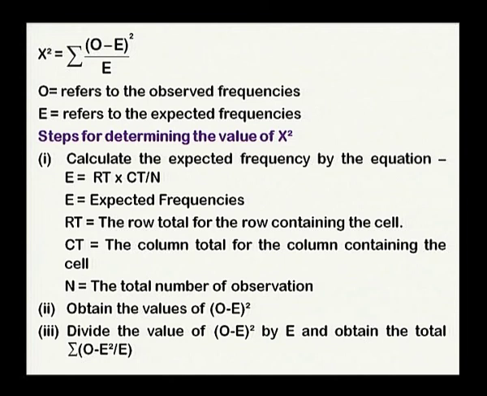First, we calculate the expected frequency by the equation E equals RT multiplied by CT divided by N, where E stands for expected frequencies, RT stands for the row total for the row containing the cell, CT stands for the column total for the column containing the cell, and N stands for the total number of observations. The second step is to obtain the values of O minus E and square them. The third step is to divide the value of O minus E squared by E and obtain the total summation of O minus E squared divided by E.